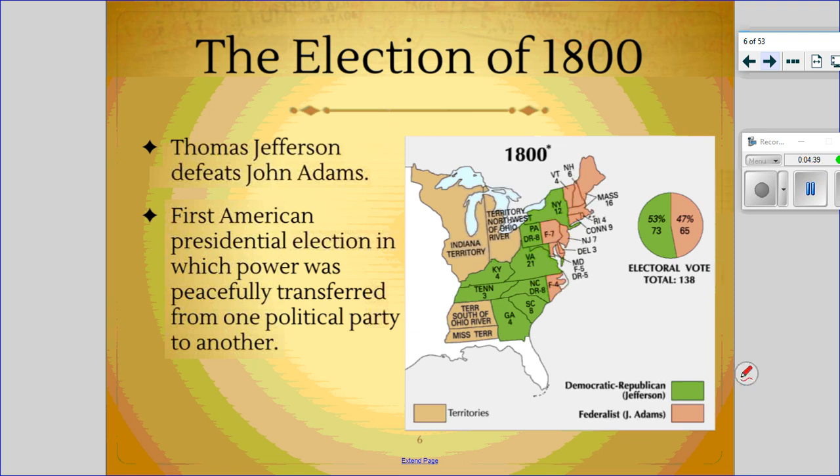Are they really going to yield power to the Democratic Republicans? And they do. It's the first time power is transferred peacefully from one political party to another, and we've been doing it ever since. The peaceful transfer of power is one of the key parts of our democracy. It's very important.